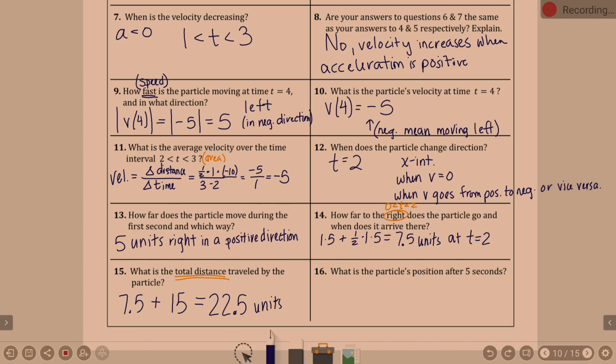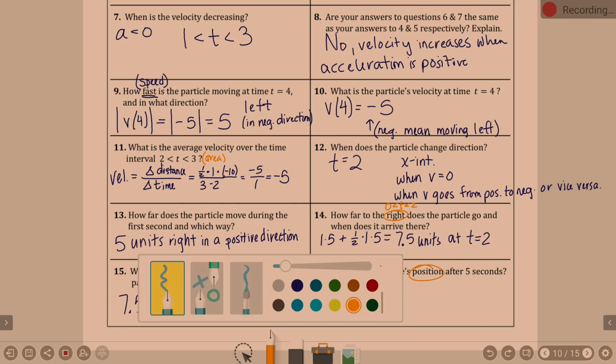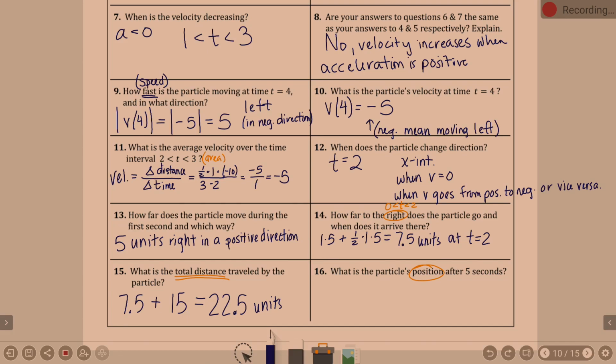Now, what is the particle's position after 5 seconds? 0. No. Now it's -7.5. Yeah. Okay, so now we're looking at, when my velocity was positive, we went 7.5 to the right.